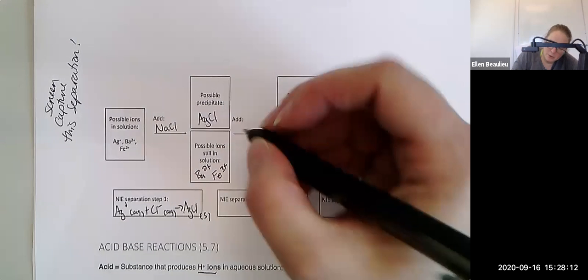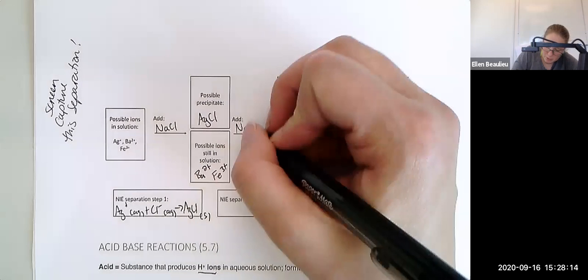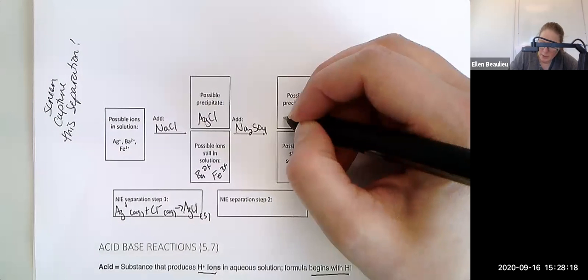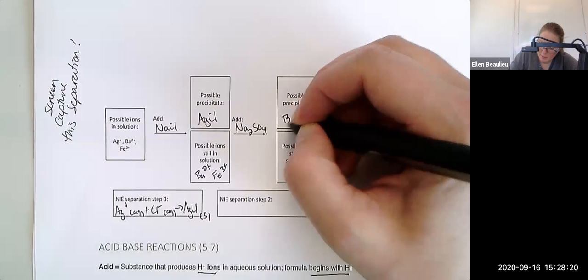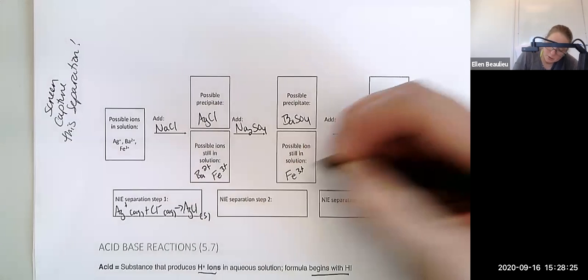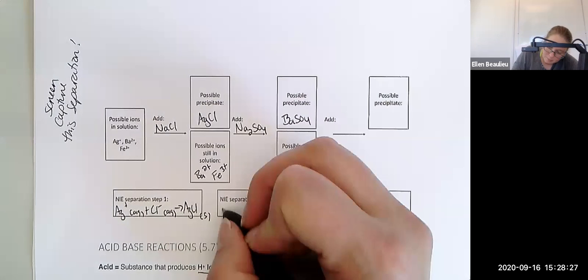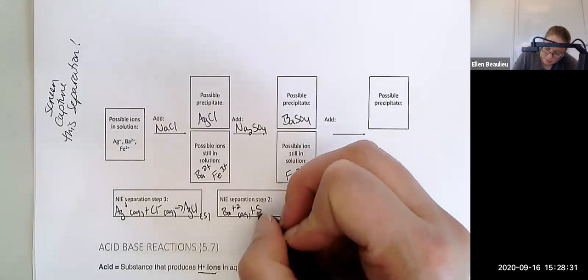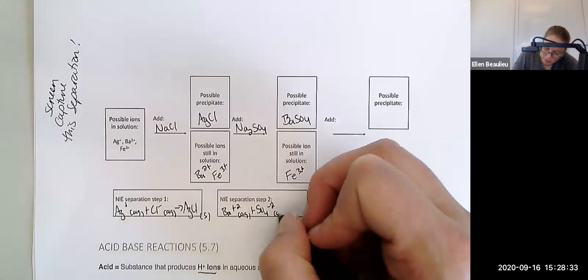And then if that was your first one, your second one would have been sodium sulfate. So I would get barium to precipitate, and I would still have iron in solution. So barium plus sulfate yields barium sulfate.